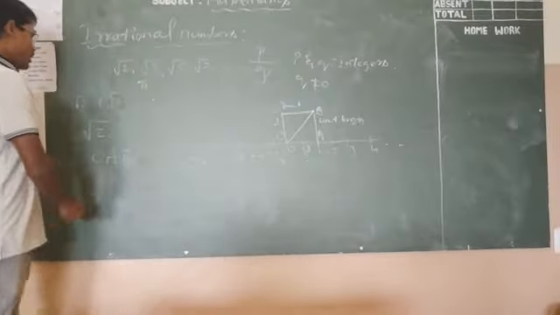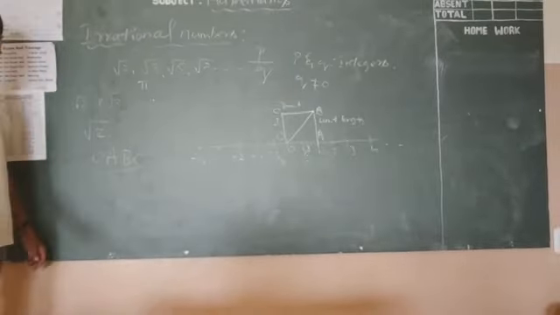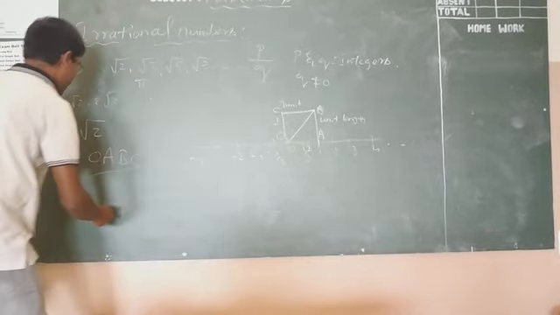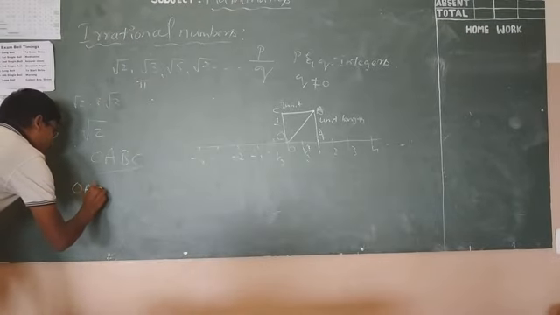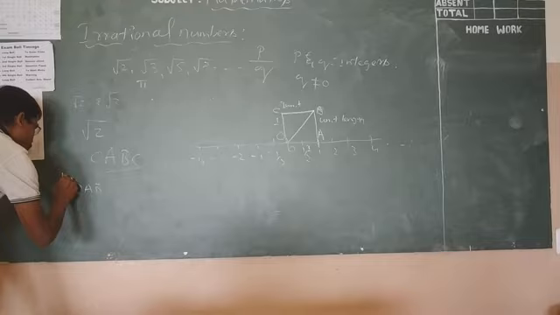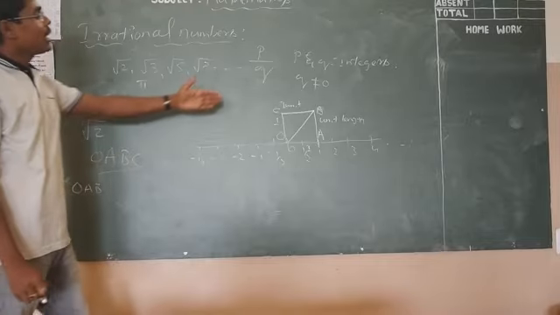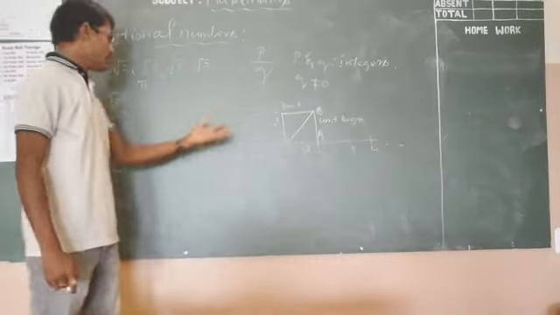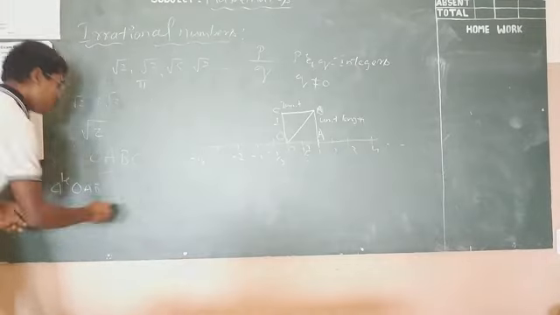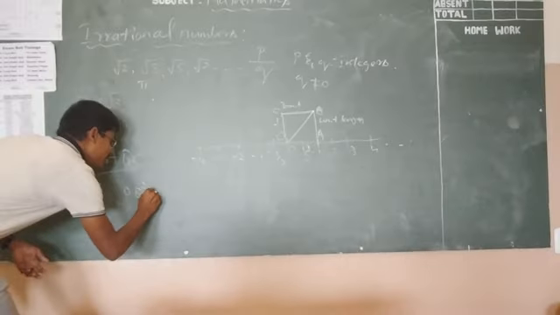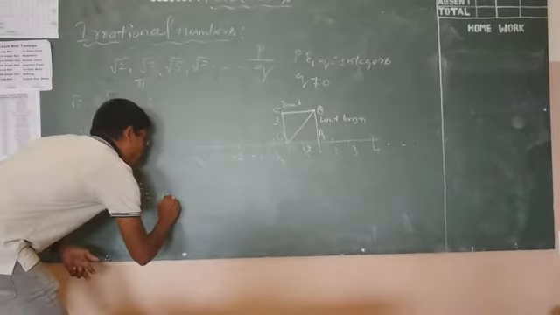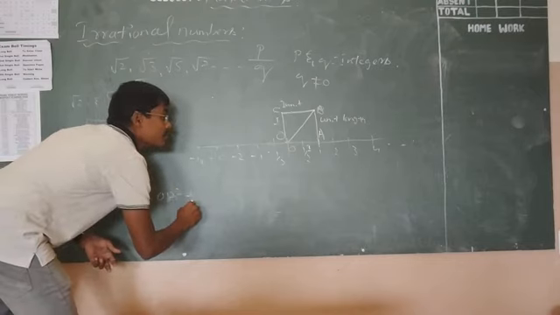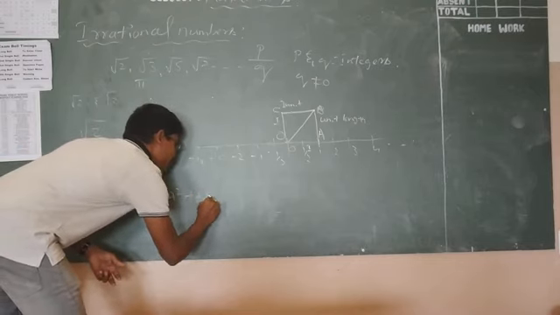And we know that for this OABC, I am going to consider a triangle OAB. For triangle OAB, what should be the length of OB? Just by using the Pythagoras theorem, we know that OB square equals OA square plus AB square.